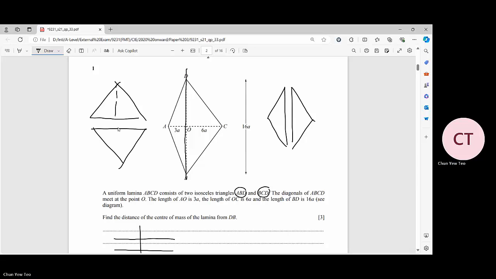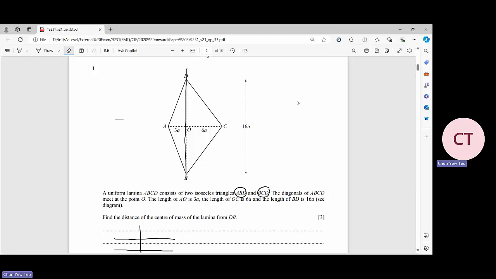Then just find the center of mass for both triangles and combine them later on. Usually I will find the coordinates. I will let O be the origin.